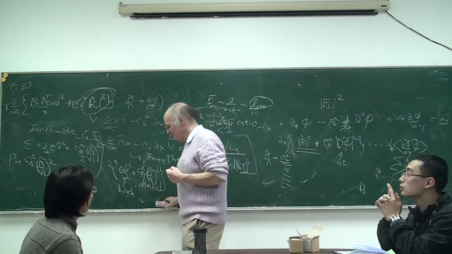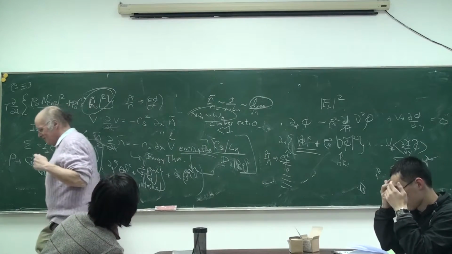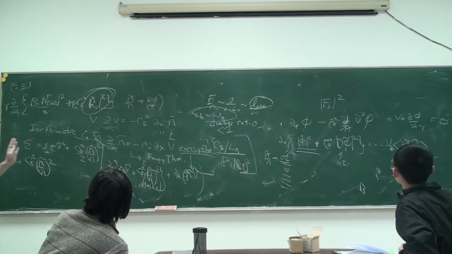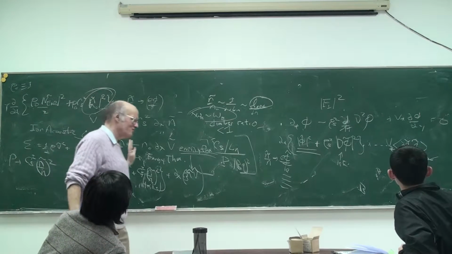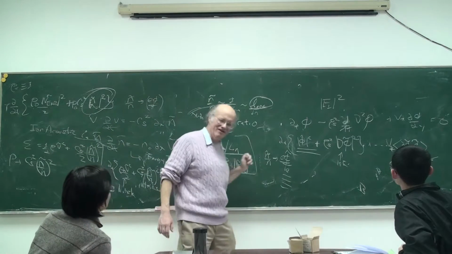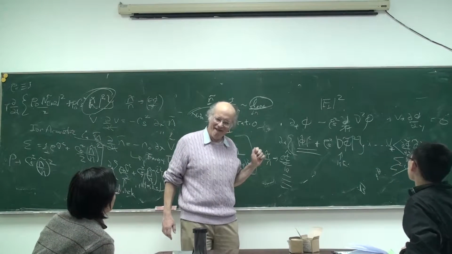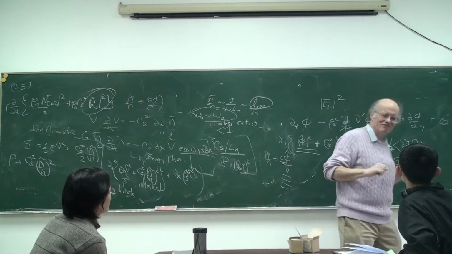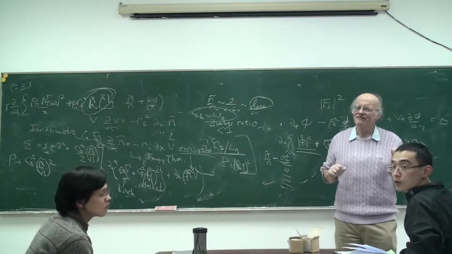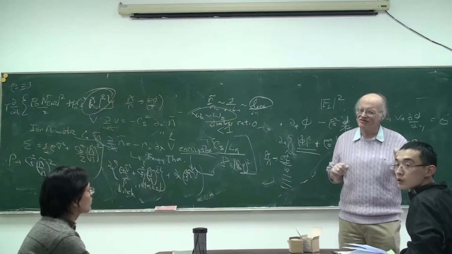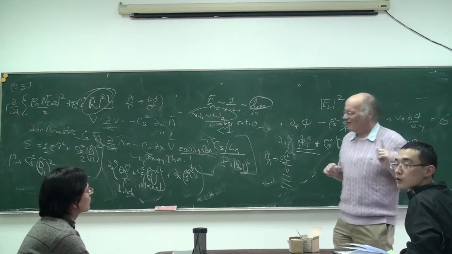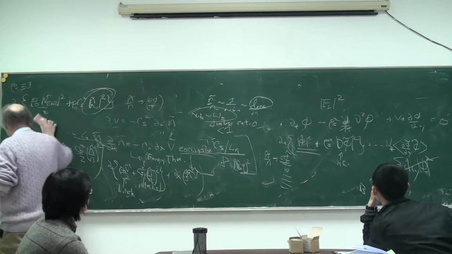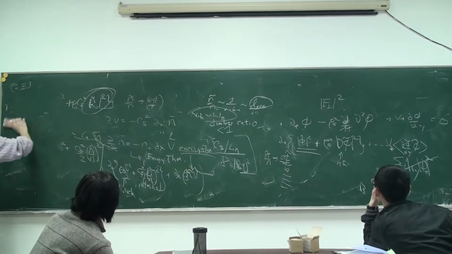He's asking, we're talking about wave energy, where has the field energy gone? Generally, he's right. Phi squared is field energy. No, it's not all the field energy. What do you mean by field energy? Well, there's some of the answer.